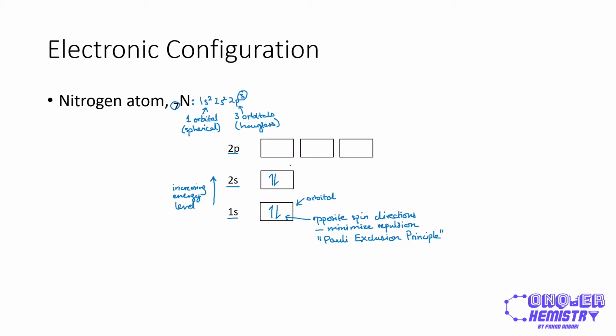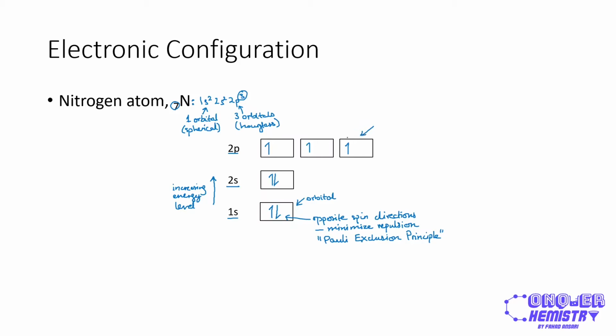So you have 1 electron in the first orbital, 1 electron in the second, and 1 electron in the third. This placement of electrons one by one in each orbital is to minimize repulsion. Surprise, surprise.